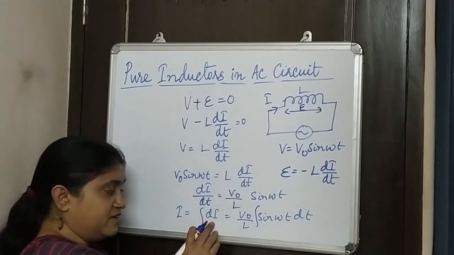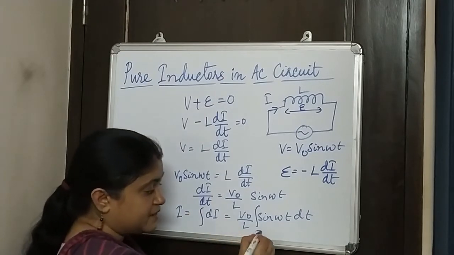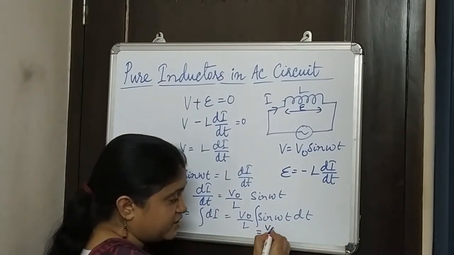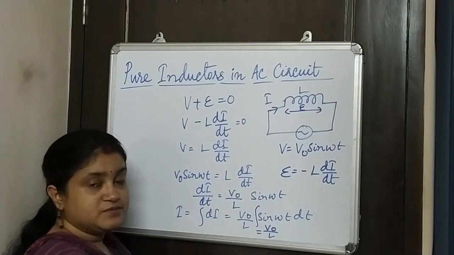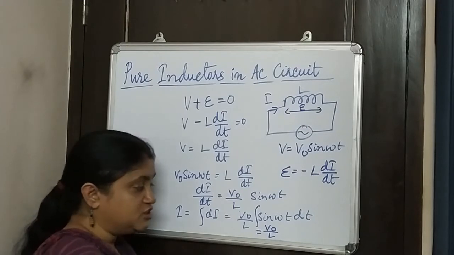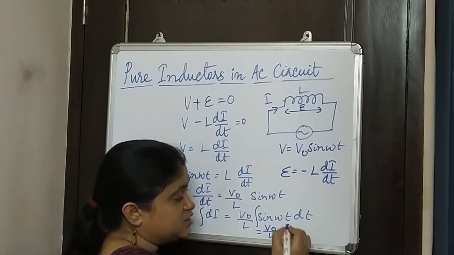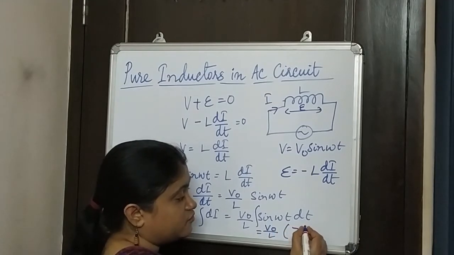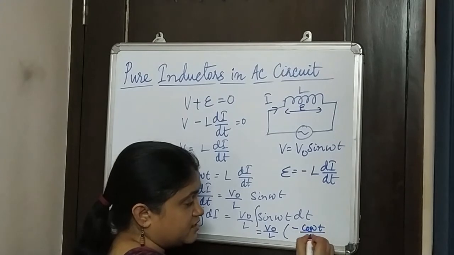On this side we get the integration of di as I, and here V naught by L is the constant. I am omitting the constant of integration and retaining the main part, and the integration of sine omega t is minus cos omega t divided by omega.